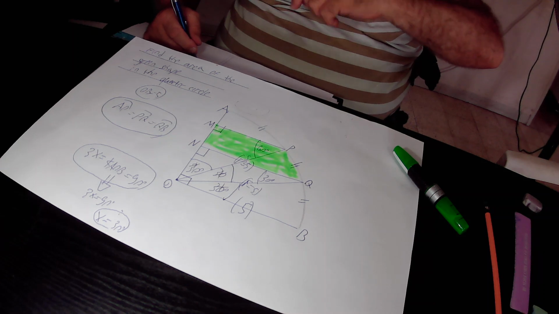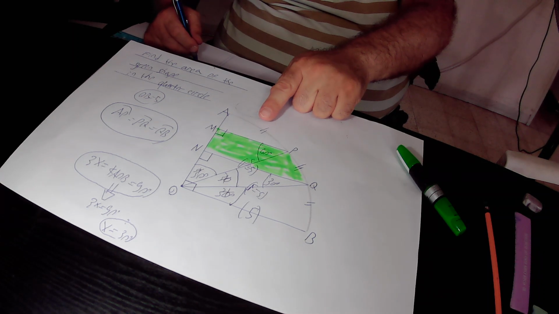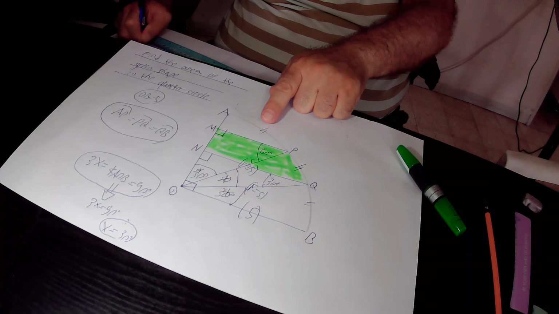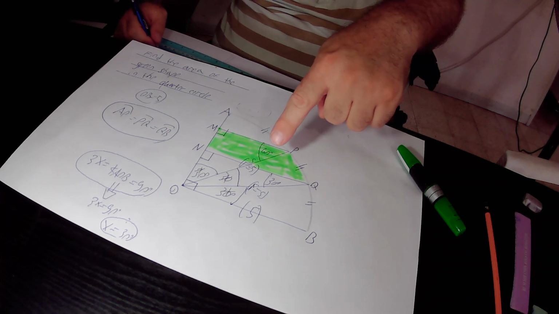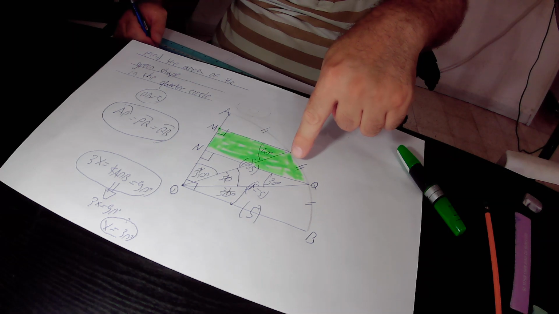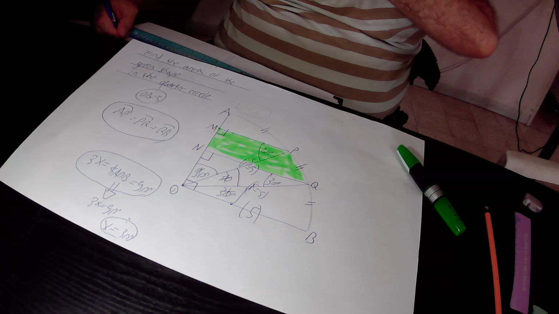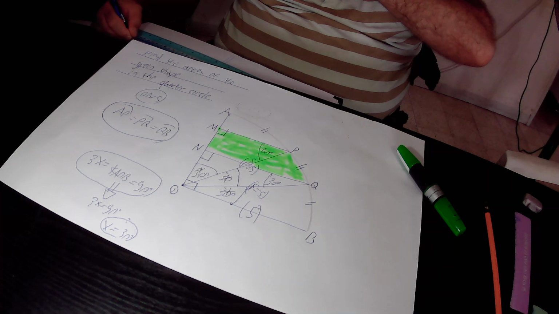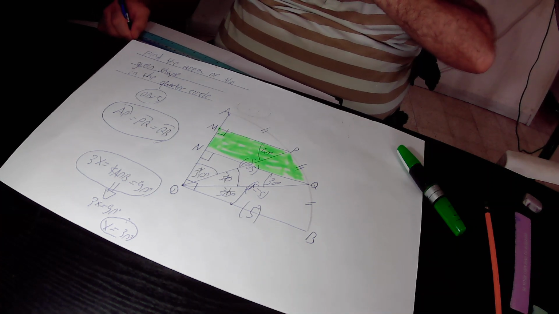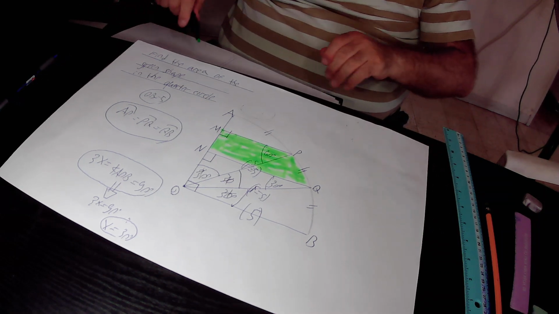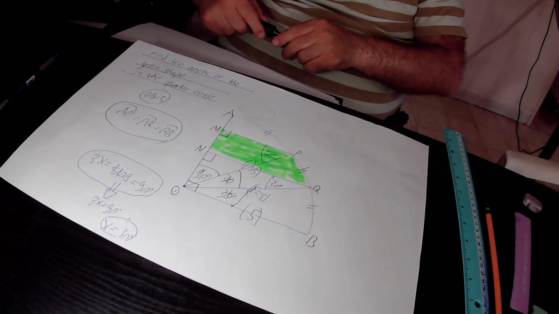So I write it down: the area of this green shape is equal to the area of quadrilateral MNSP plus the area of this green shape PSQ.